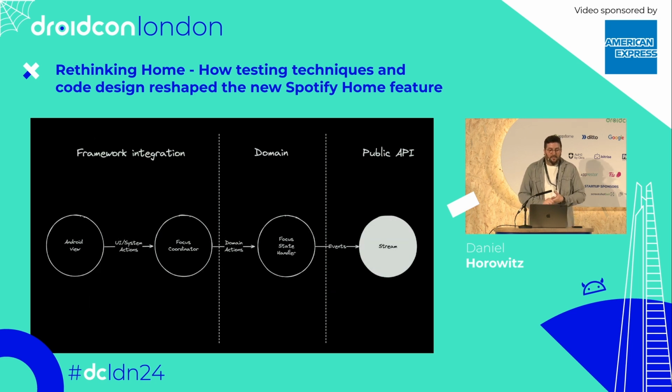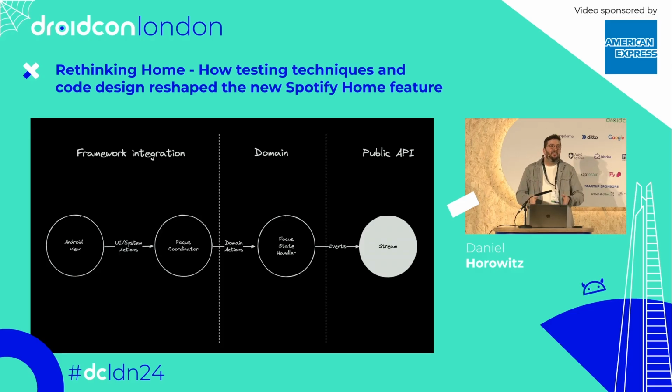If you think about it more like a component diagram or system design, this is what we would end up having. On the framework integration, we have the Android view that generates some UI or system actions. Then we send this to this entity called the focus coordinator. This coordinator is responsible for mapping these system and UI actions to domain actions.